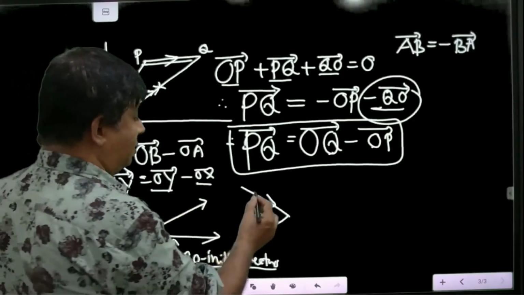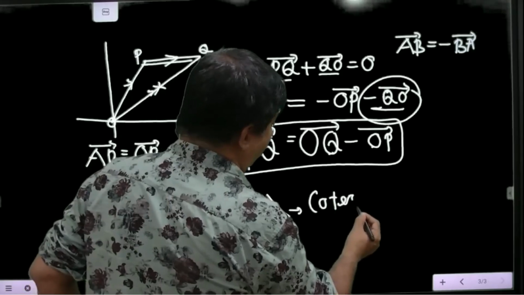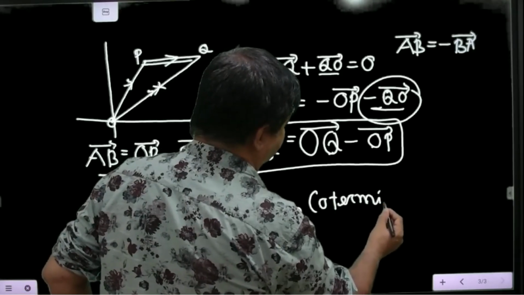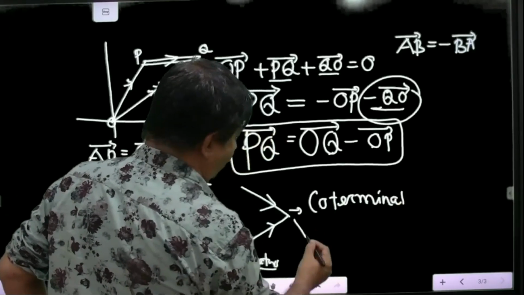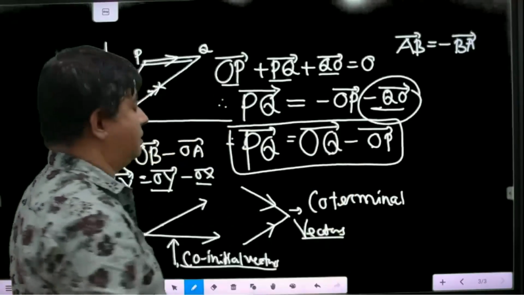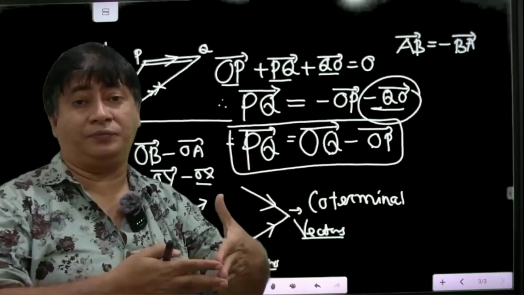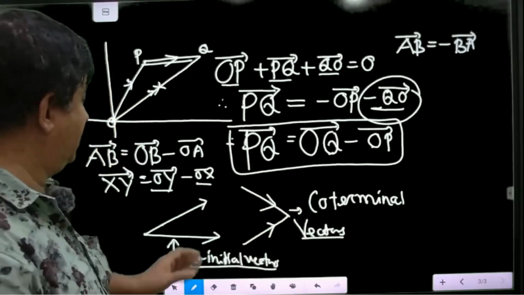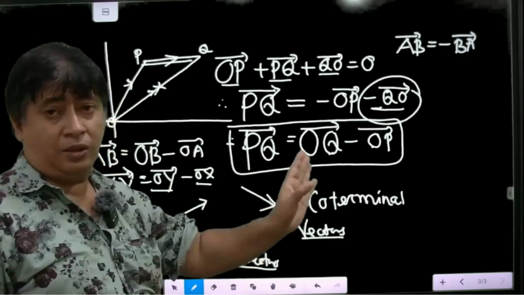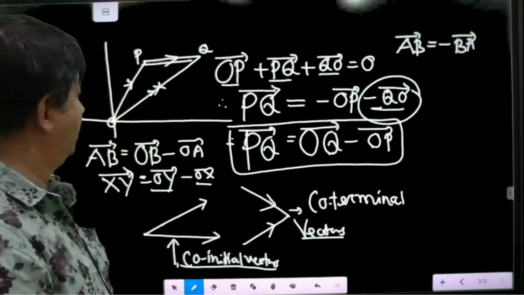This is co-terminal vectors. So they converge to a point. Understand? This is co-initial vectors, co-terminal vectors. Okay.